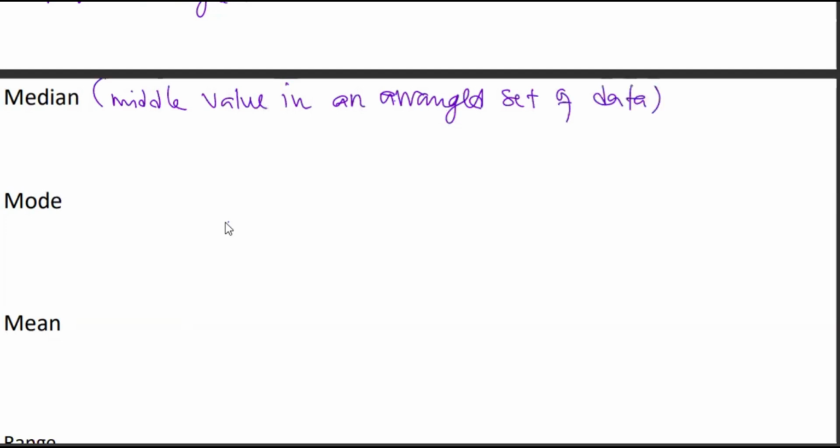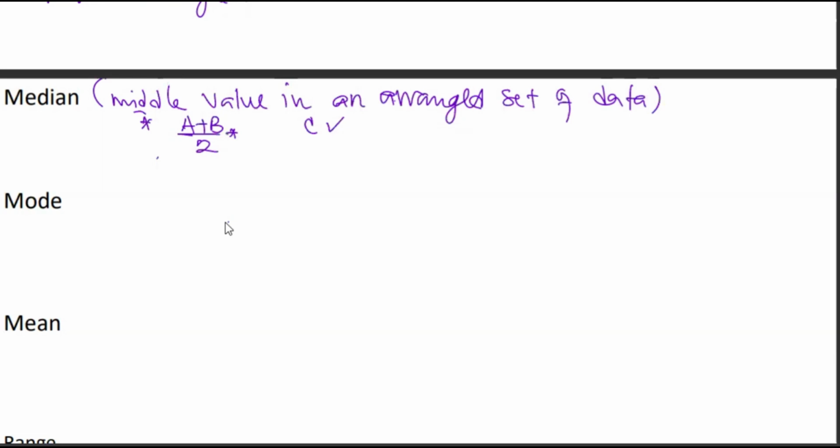If two numbers remain in between, you add them and divide by 2. But if only one number remains, it's fine. Median, we can't say no median.